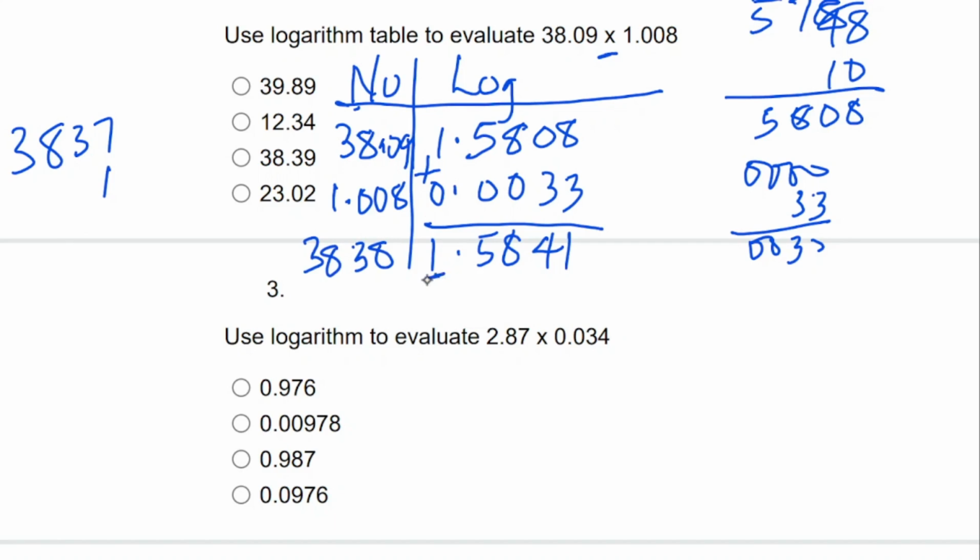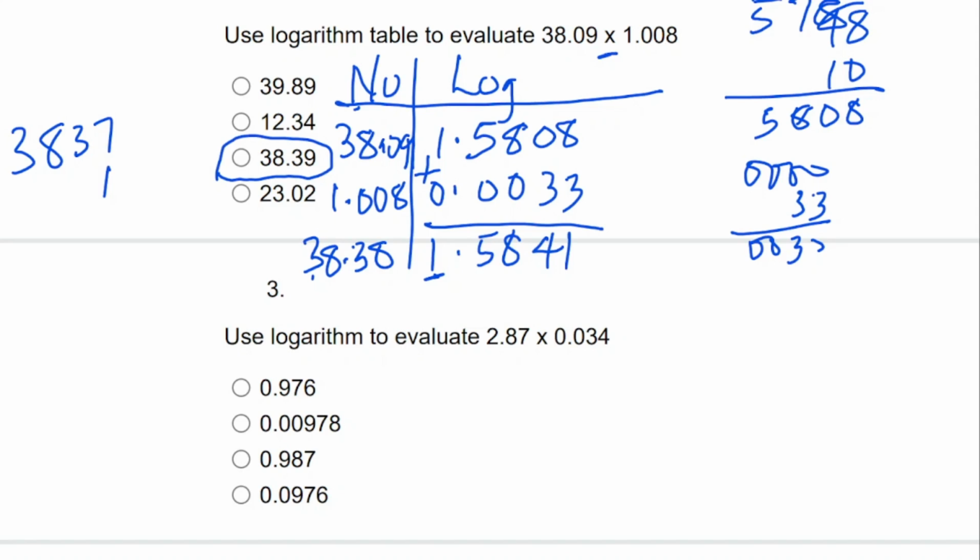What we have here is 1, and we add 1 to it, that gives us 2. So we count 1, 2, and the answer will be 38.38. This is the answer here, approximately 38.39. I believe this is very clear.